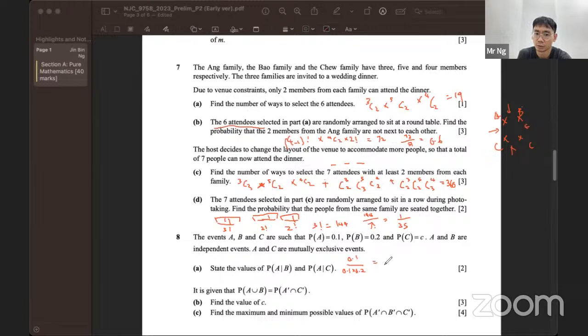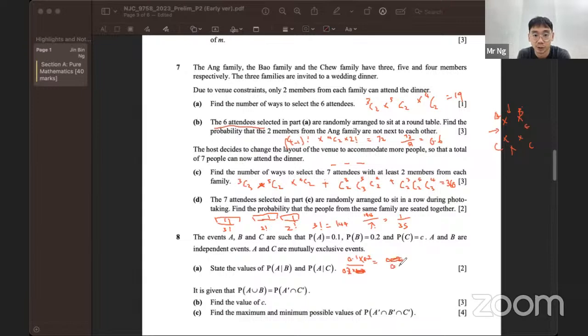Sorry, the denominator is the probability of B. Okay, this one should be the intersection, then this one should just be this, so here is 0.2.